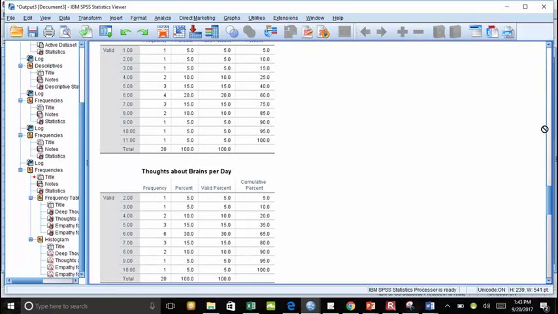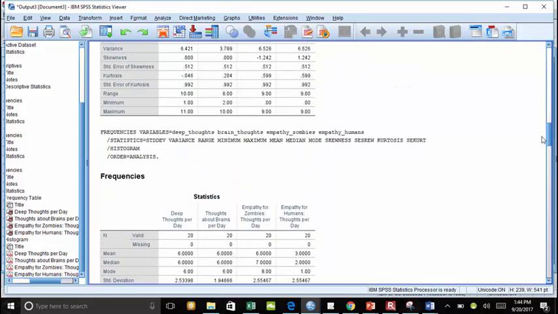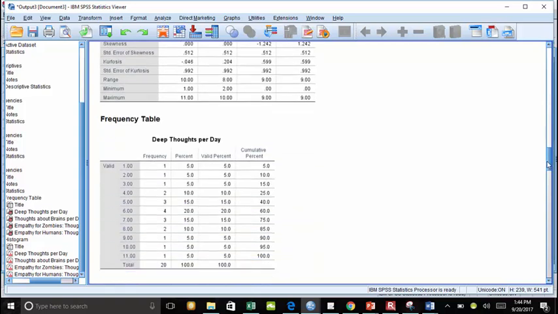Here are your histograms. Oh my goodness, look at all this data. Here are our frequency tables.